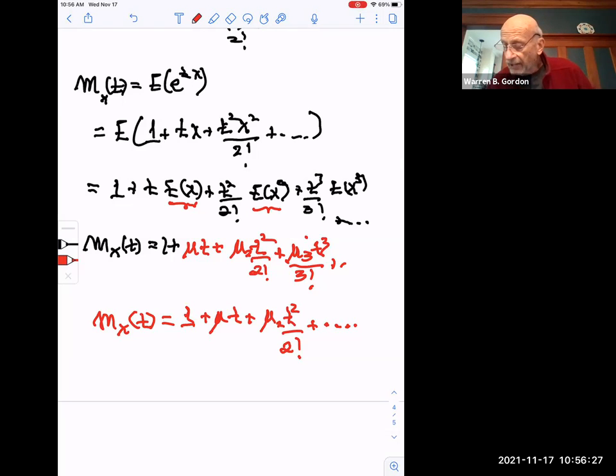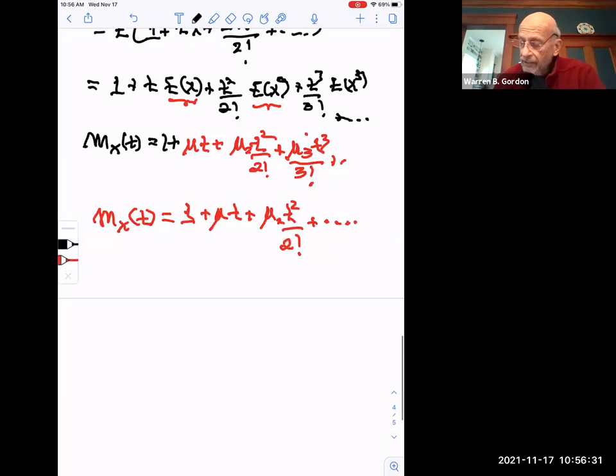Now, I want to make some observations about this. Notice the coefficients are exactly the moments.